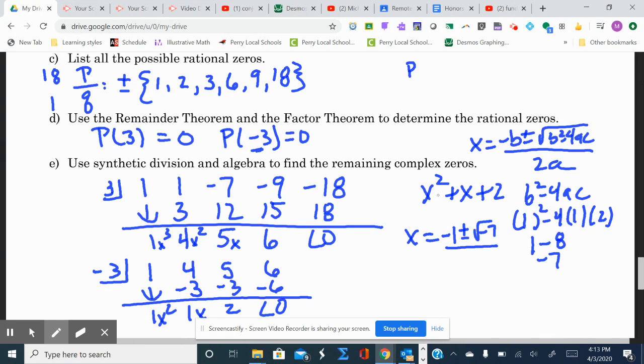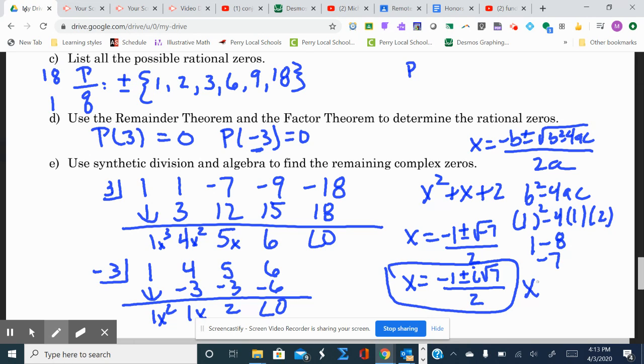A is 1, so 2 times 1 is 2. We can simplify this as negative 1 plus or minus i square root of 7, all over 2. So here are 2 of our roots, and our other 2 roots are 3 and negative 3.